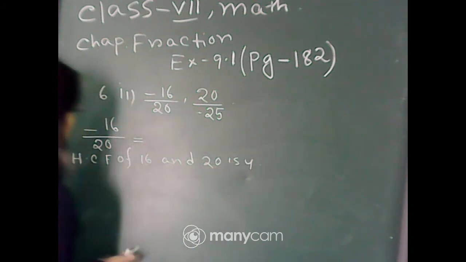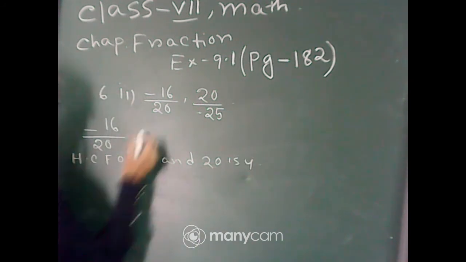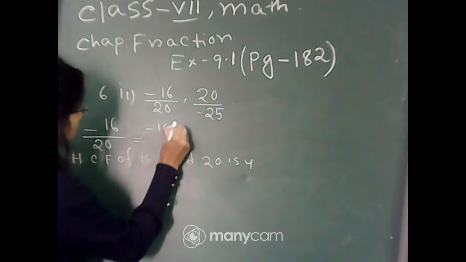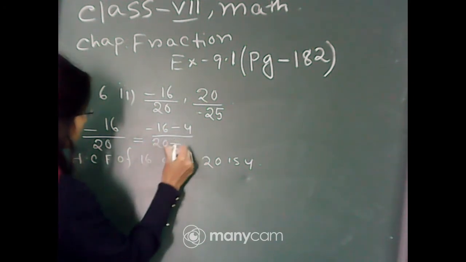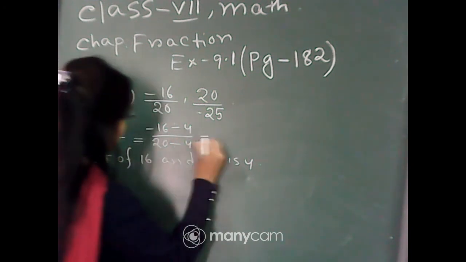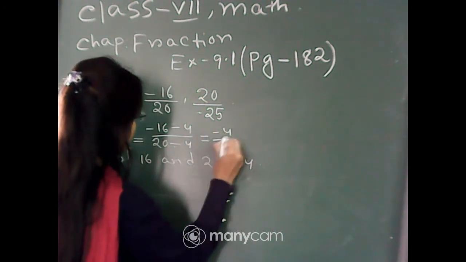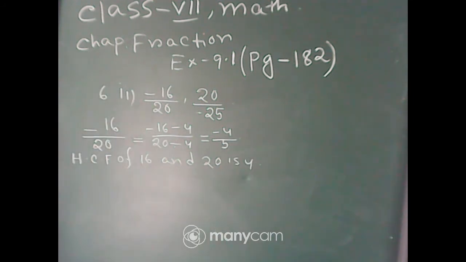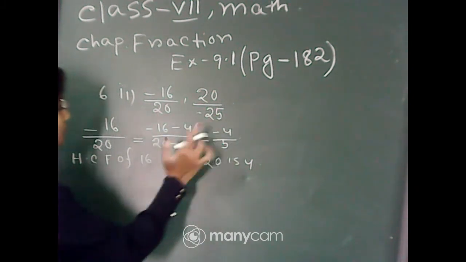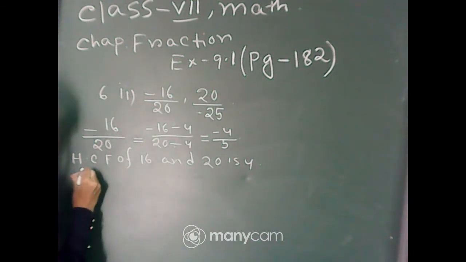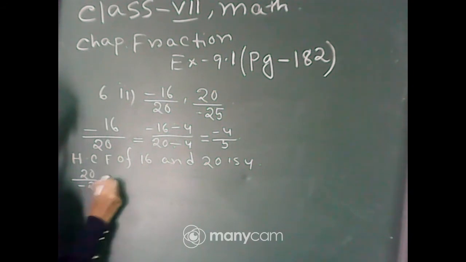Therefore, to get the simplest form or standard form, we divide both the numerator and the denominator by 4 and we get minus 4 divided by 5. Now, 20 divided by minus 25.